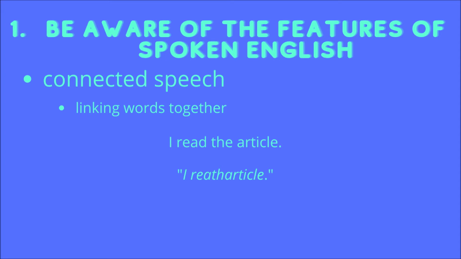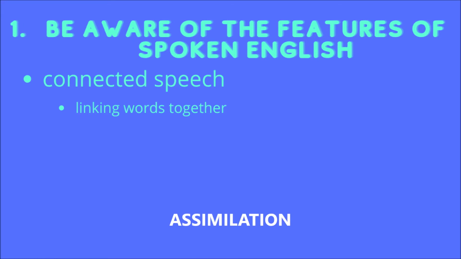Then closely linked to elision is what we call assimilation, which basically means to change a sound in connected speech. And the reason that we do this is because it's easier for the mouth to move from one sound to the next. Otherwise, we'd have to stop, reform the shape of the mouth, and then continue speaking, and it would give a rather stilted or unnatural flow to our speech.